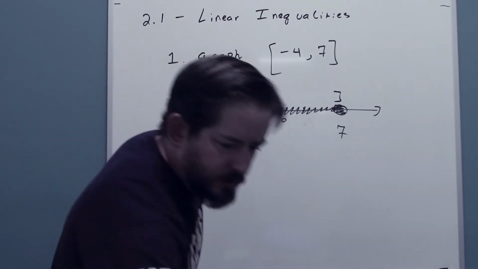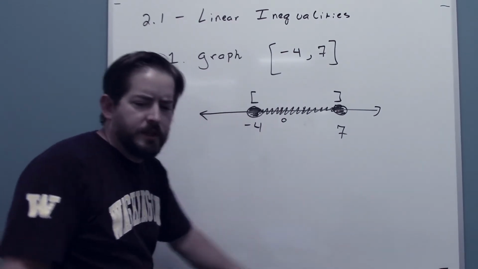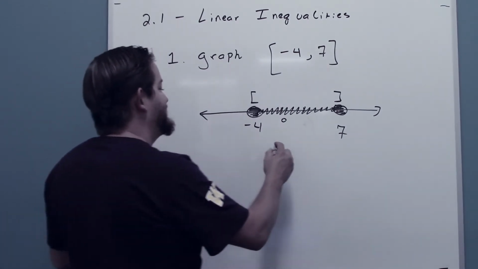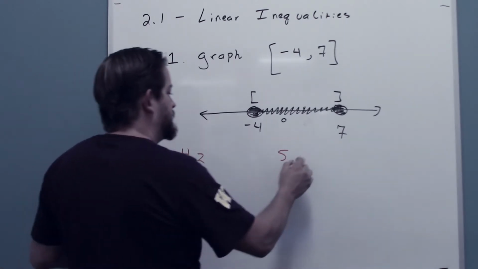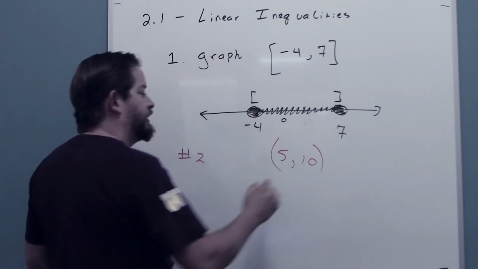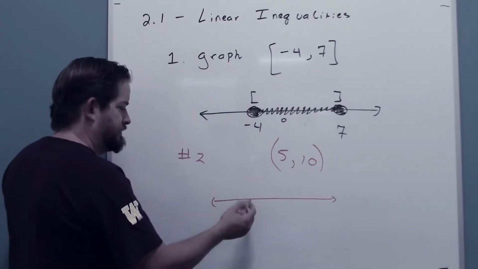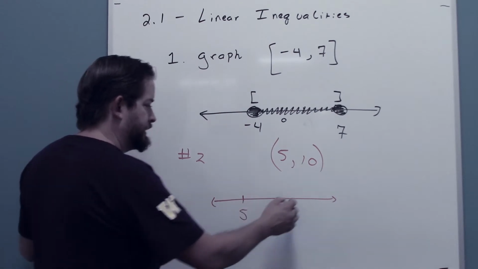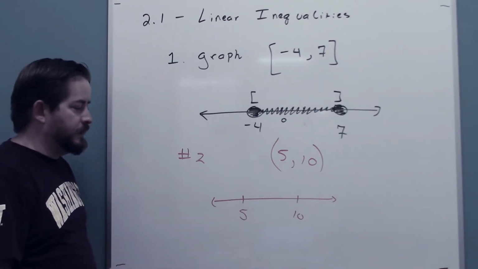Number 2 is similar. Let's take a look at number 2. Number 2 says to graph the numbers between 5 and 10. But here we have parentheses. So if I'm graphing these, right, you just call 5 wherever it is to conveniently call it, and we've got the numbers 5 to 10.